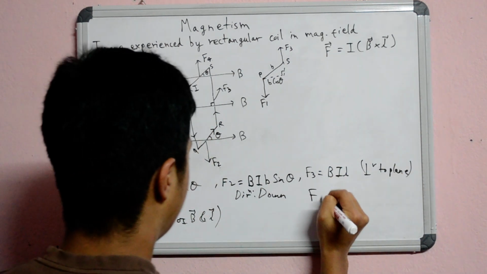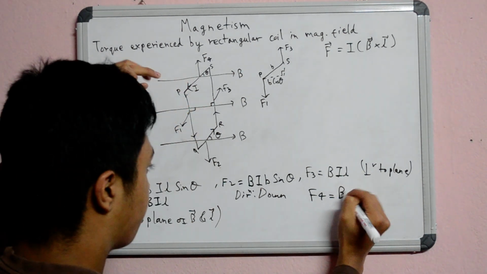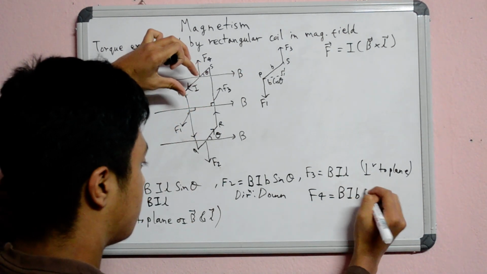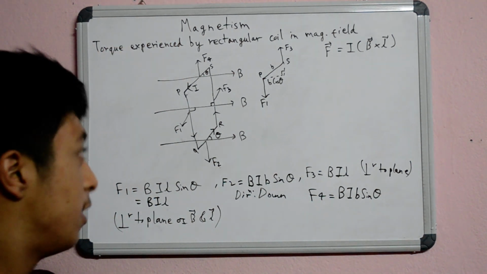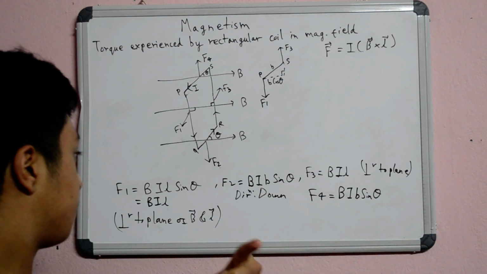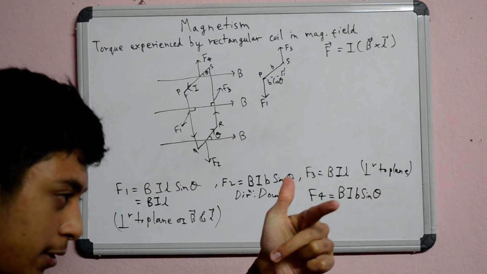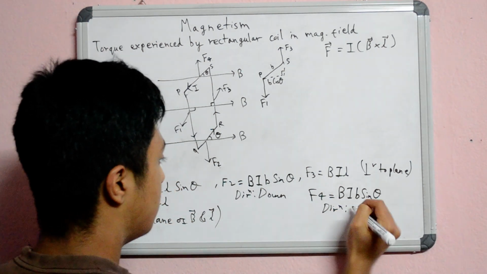And for F4, it is, well, again BI into the breadth sine theta. And here again, using Fleming's left hand rule, current like this, here, its direction is up.